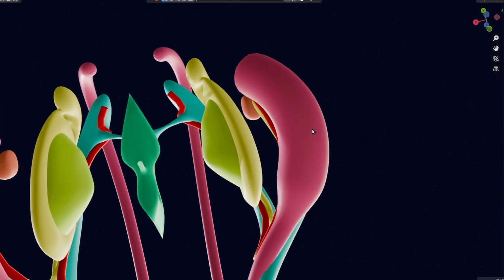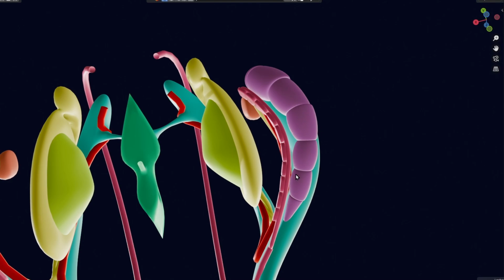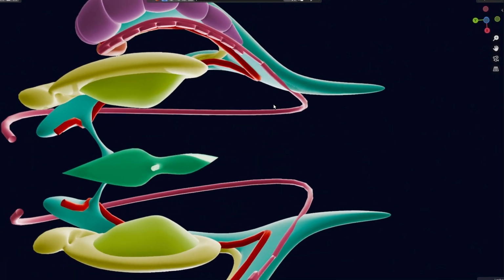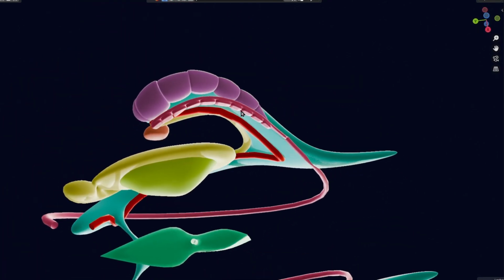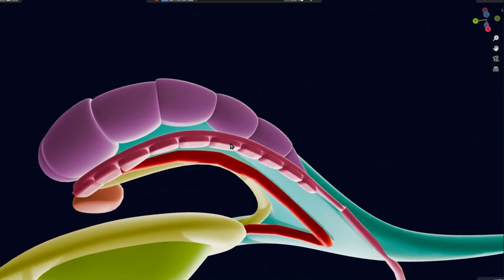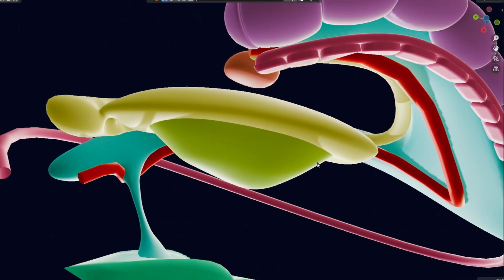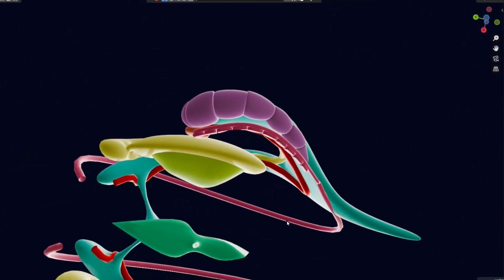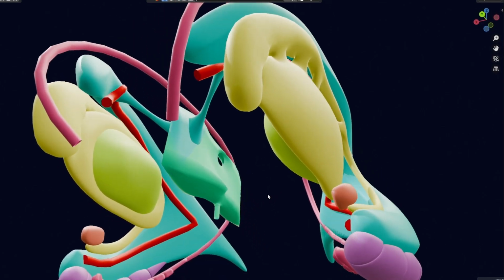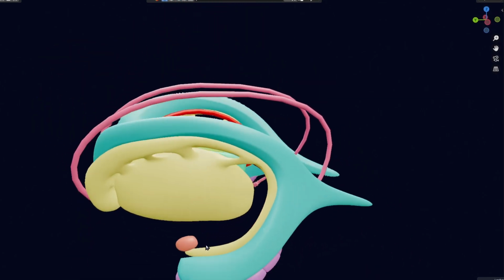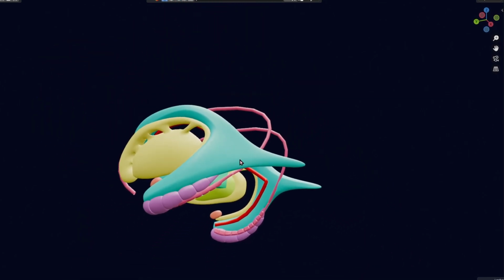So here this purplish one is the hippocampus proper, and this one is the dentate gyrus, which has teeth, not actual teeth, it just looks like it has teeth. So this is the dentate gyrus, and this narrow strip is the indusium griseum. My spellings are not perfect again, sorry for that.